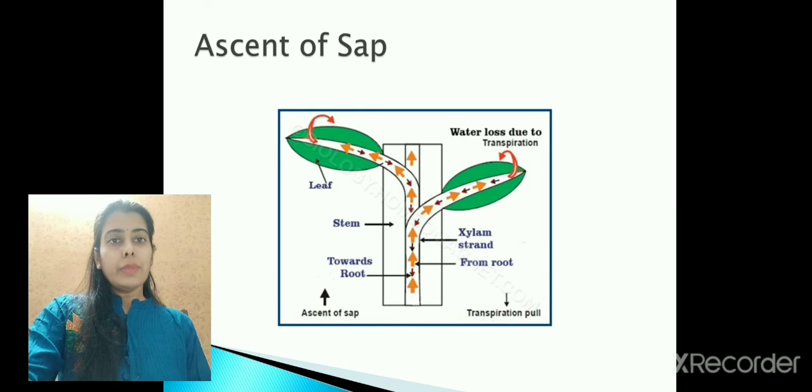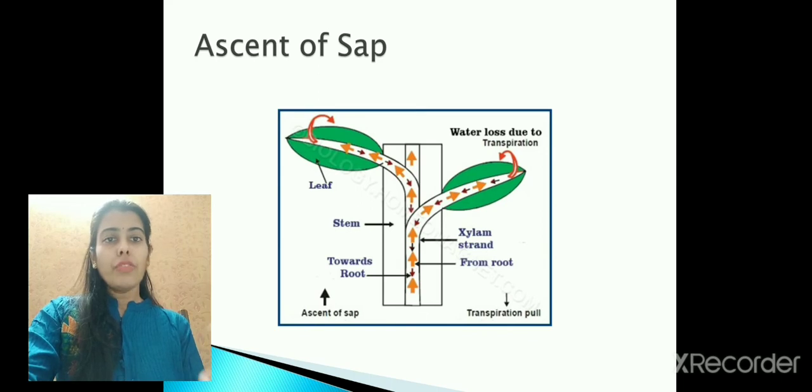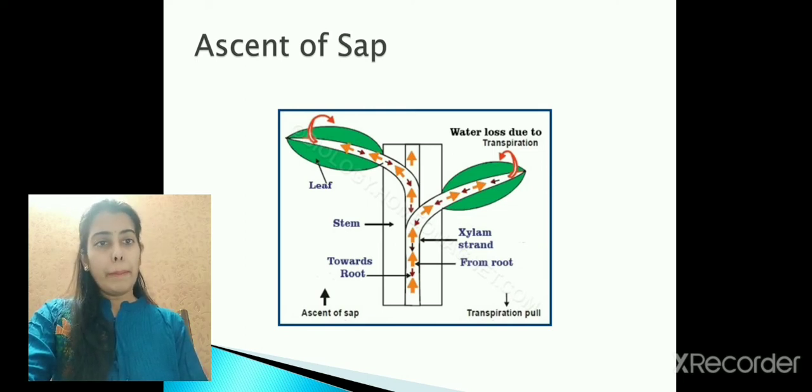Now here is a term, ascent of sap. When the plant is transporting the nutrients along with the water and the minerals, this transportation which is occurring in the upward direction is called ascent of sap. Ascent of sap is movement of the water along with the absorbed minerals from the root to the other parts of the plant.